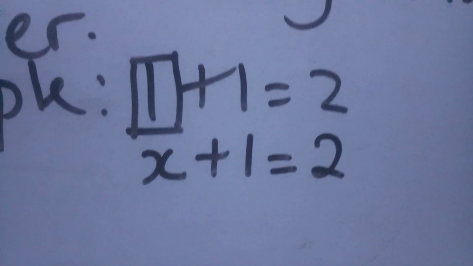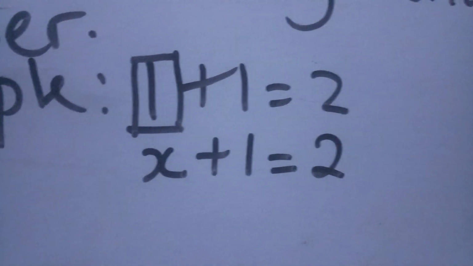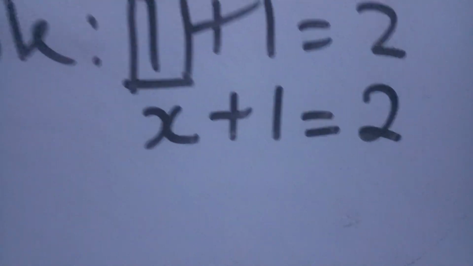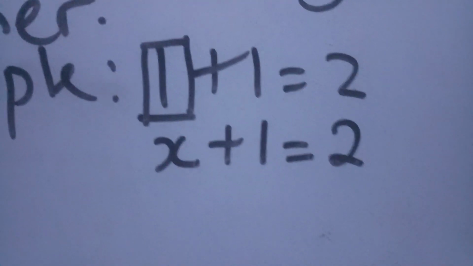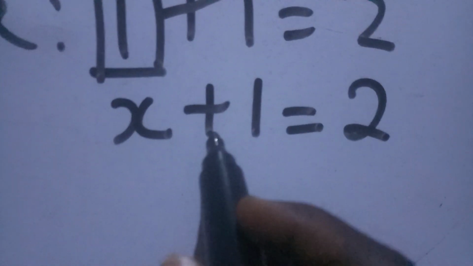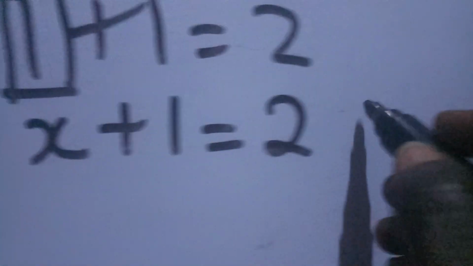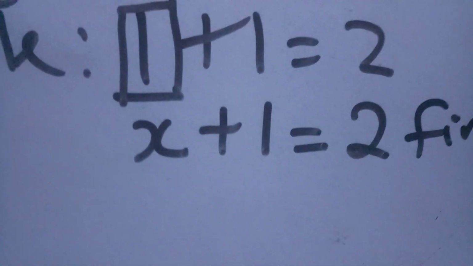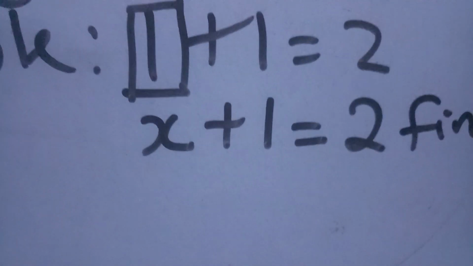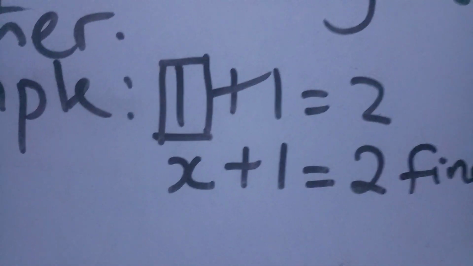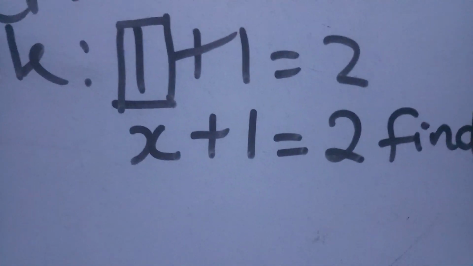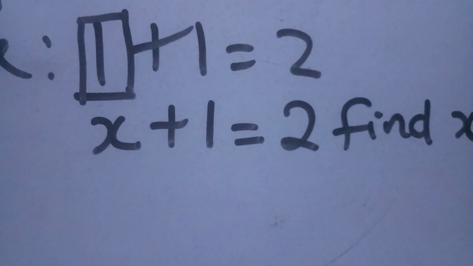There are rules in equations which we will take. In order to find x, this is a simple equation with one variable. We have others with 2 variables, 3 variables, 4 variables, depending on the level.